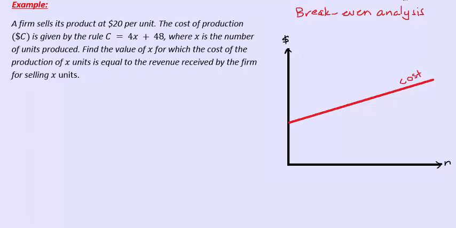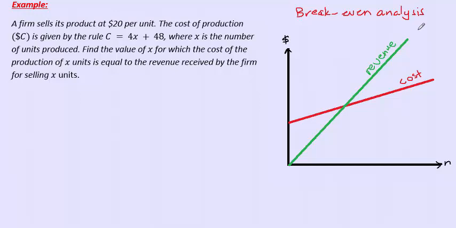My green line is the amount of money that comes in, my revenue, for every item I sell. If I sell no items, I won't make any money. But as I sell more and more items, I'm going to make more and more money. And my goal is to get to the point where my revenue exceeds my cost. So I'm going to write that as revenue here.